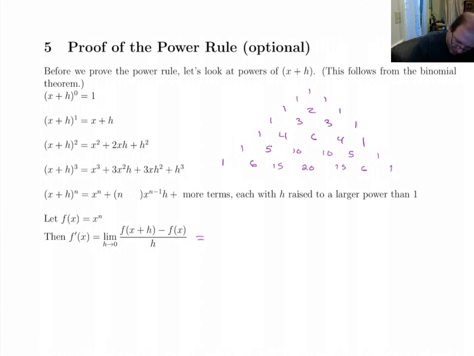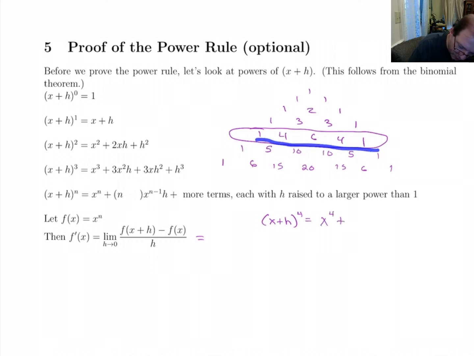So for instance, if I wanted to do x plus h to the 4th power, I'd come over to this 4th line, and I would get x to the 4th. These numbers here are my coefficients. So the next one is going to be plus 4x cubed h plus 6x squared h squared.